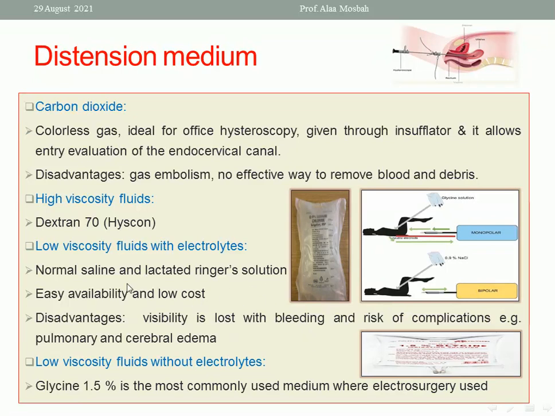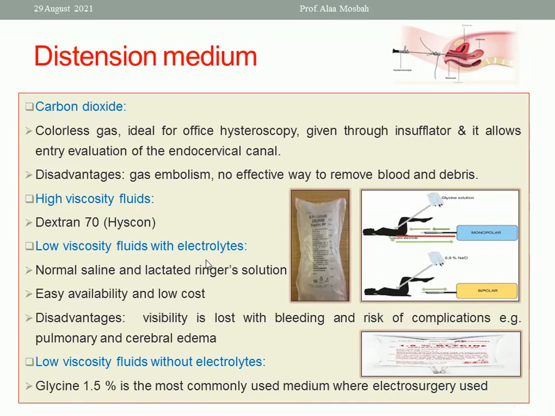Also, I can't use saline because of the electrolytes in case I am using electrosurgery with monopolar. Okay, it's very risky to use normal saline with monopolar electrocautery, but it may be used with bipolar one.